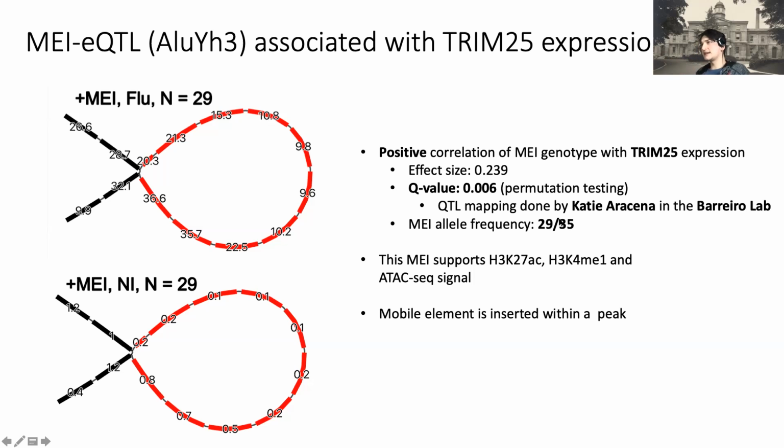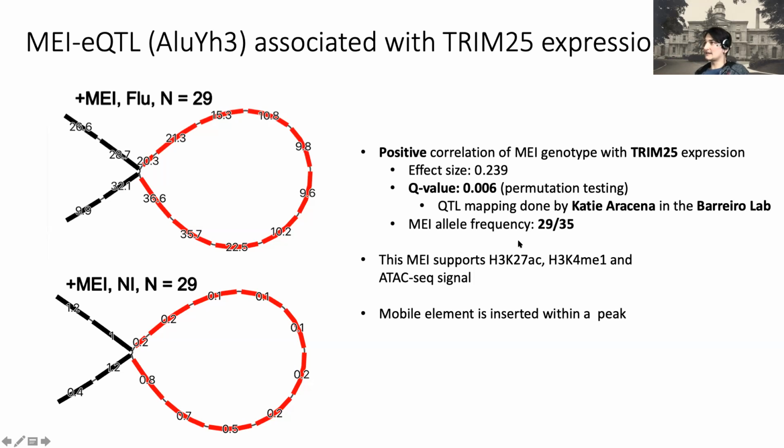And we found that this polymorphic locus supports H3K27 acetylation, H3K4 monomethylation, and is an accessible chromatin in about 29 of the 35 individuals that we have in the cohort.